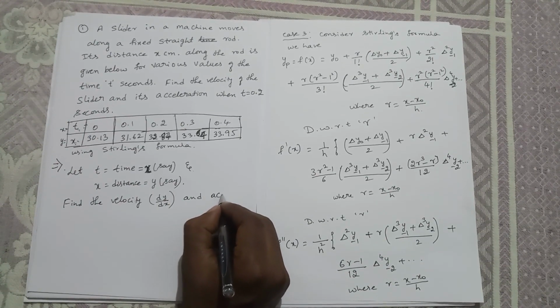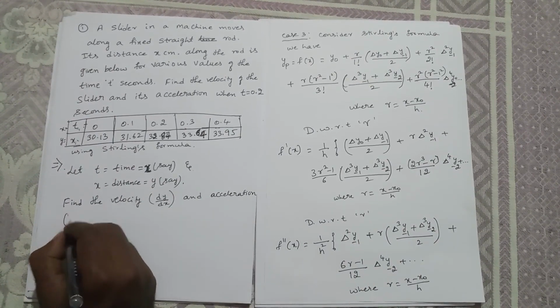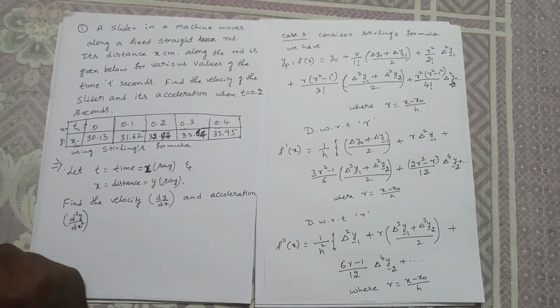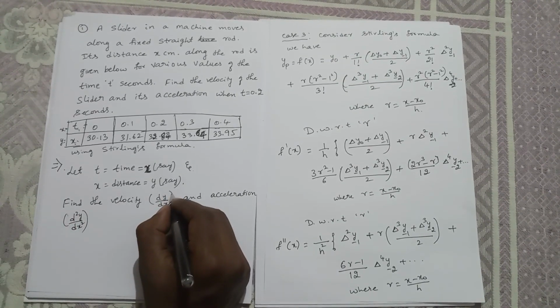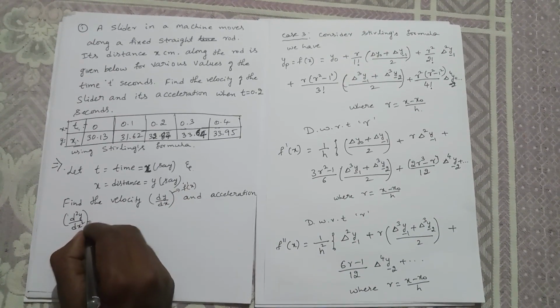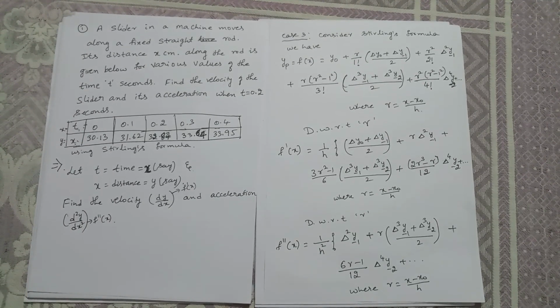So acceleration means you have to differentiate again, that is d square y by dx square. So you can write this one as f dash of x, and this one you can write as f double dash of x. So now you have to construct the table, the forward table.